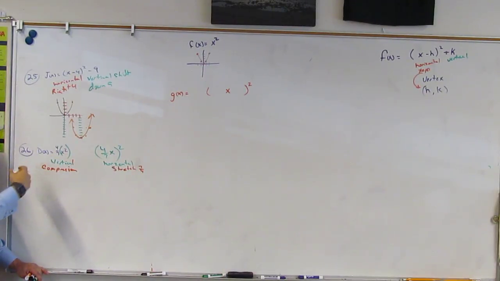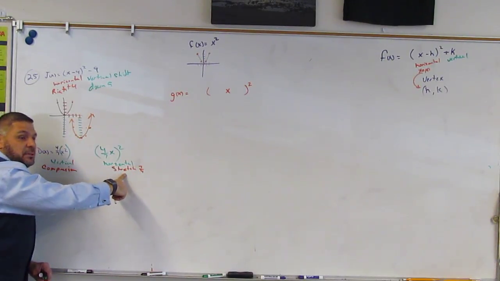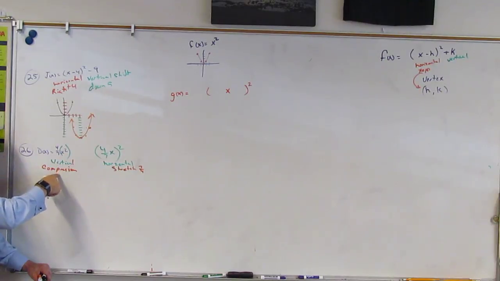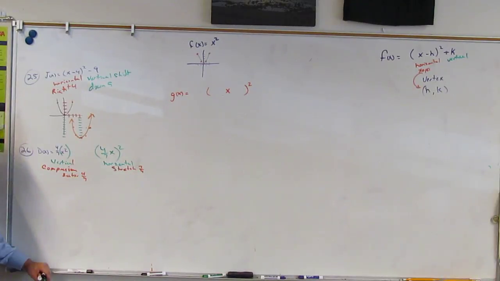Because it's 4/7, because it's smaller than 1, right? 7/4 is bigger than 1, that's why it's a stretch. 4/7 is smaller than 1, that's why it's a compression. And then you said vertical compression of a factor of 4/7. Okay? So that's what we're doing. We're multiplying that factor.